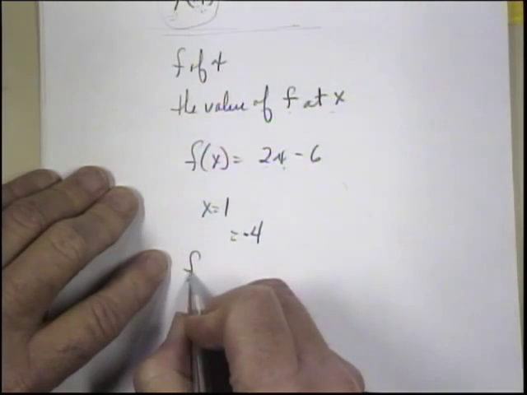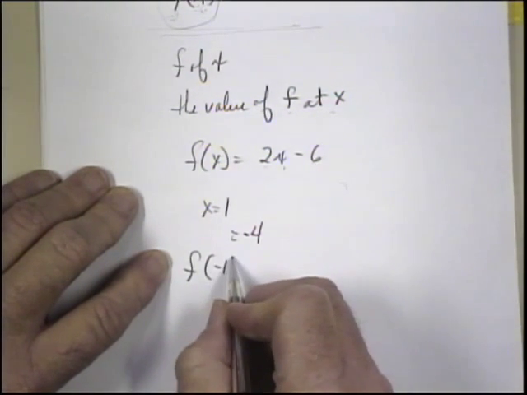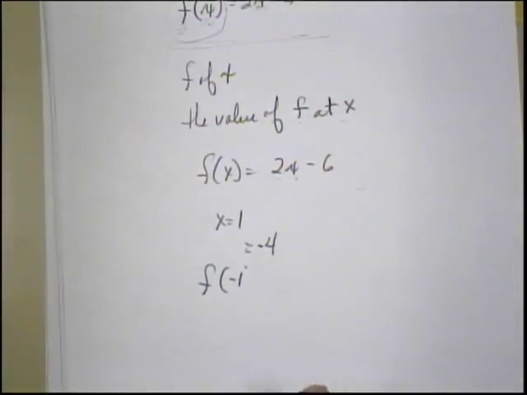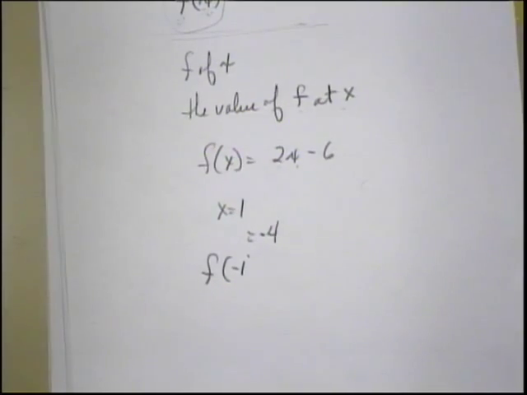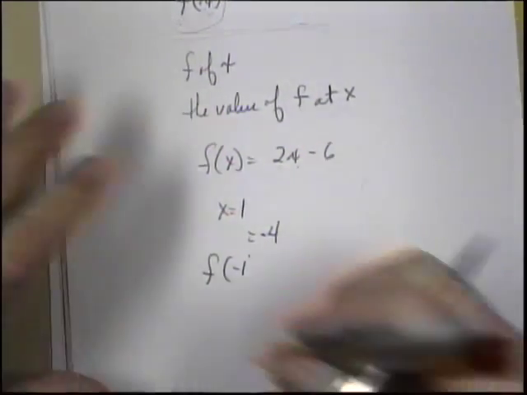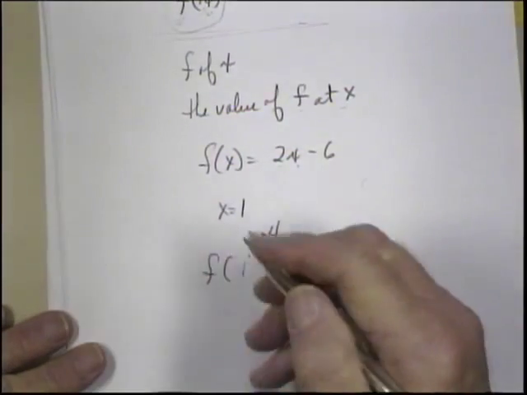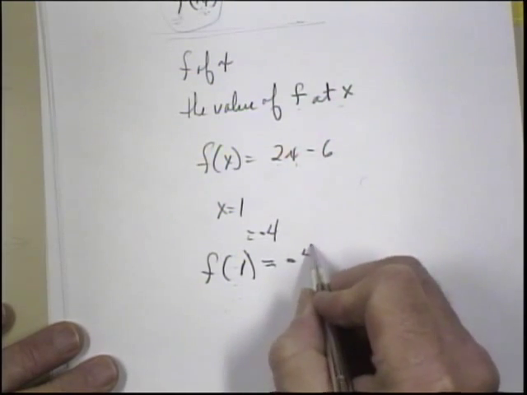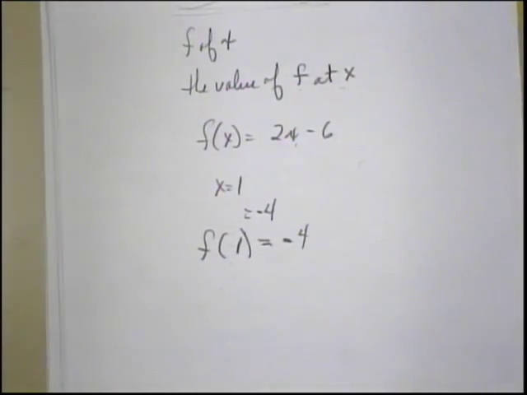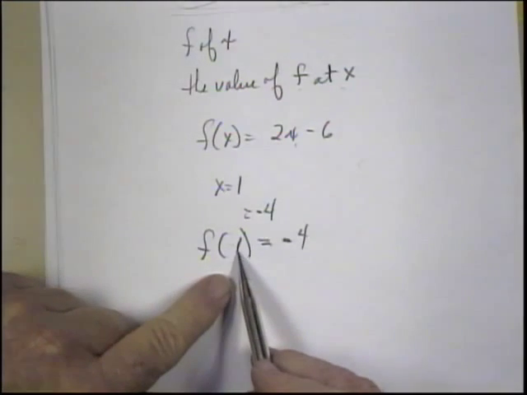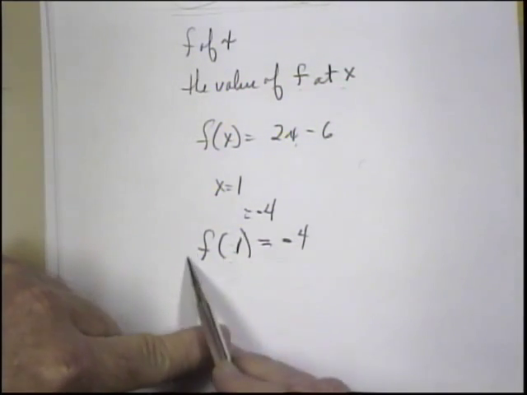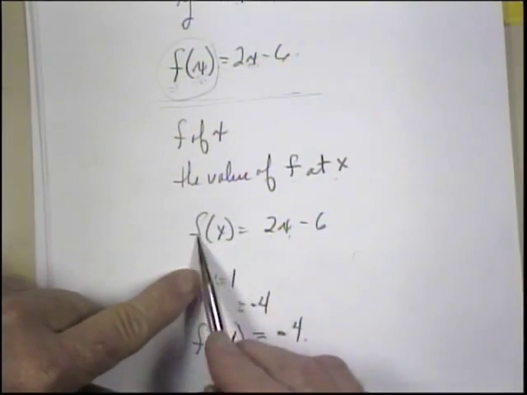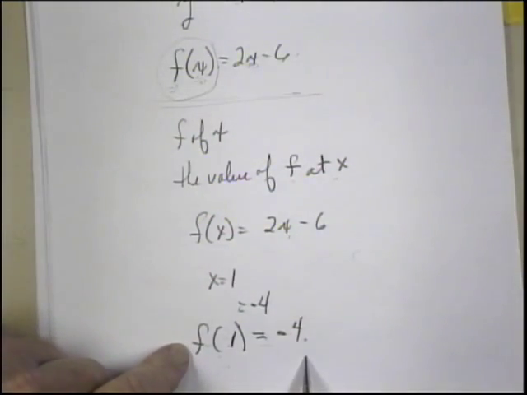So we could show that as f of 1 equals minus 4. This tells us that when x is 1, the function equals minus 4.